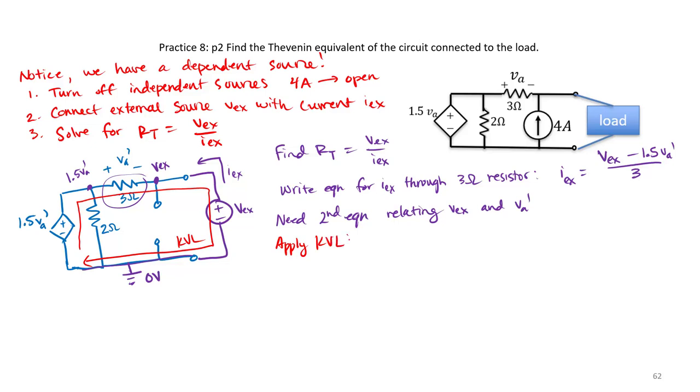If I walk around the entire perimeter of this circuit, I can determine that plus 1.5 VA prime minus VA prime, that's the voltage across my 3 ohm resistor, minus VEX, all that must sum to 0.